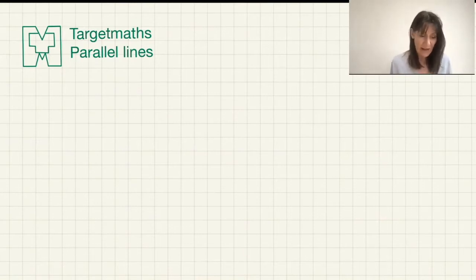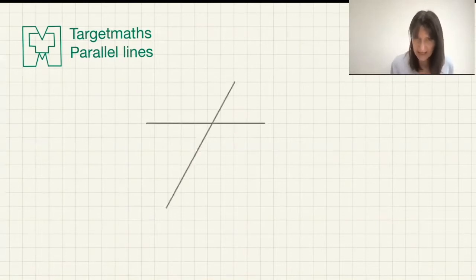So let's first of all have a think about what we know. We know parallel lines are straight lines, okay? They have an equal distance between them, etc., etc. But if we think about our straight lines and our current angle knowledge, if I put a straight line here and I just cross through it like this, my knowledge already can start working on angles here.